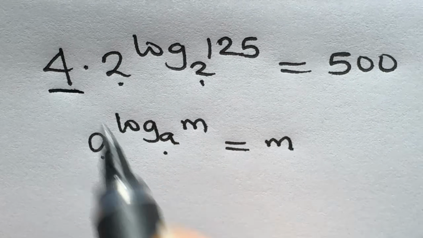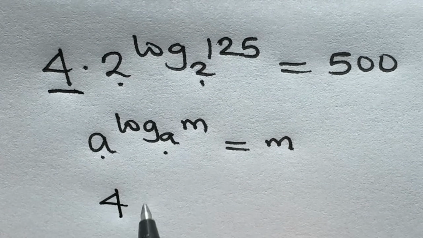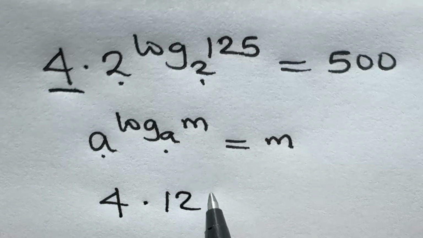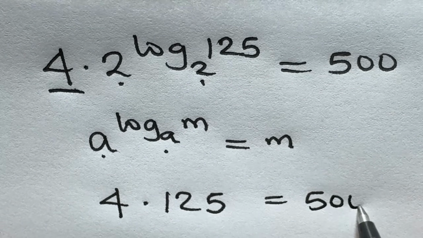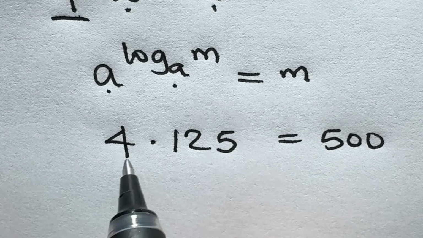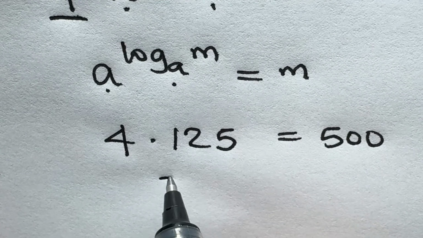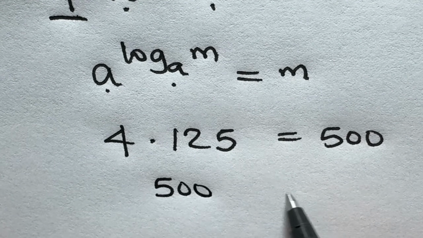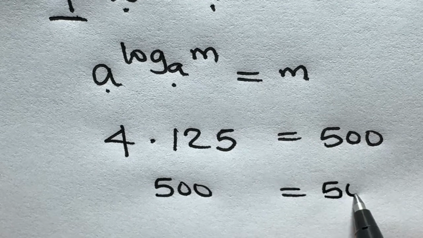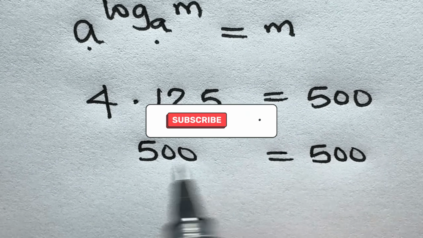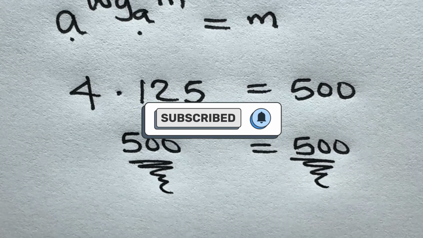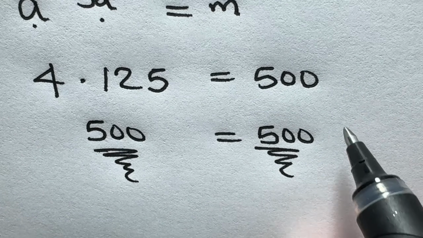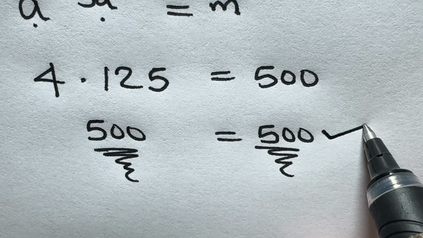So we're going to have 4 times 125 to give us 500. 4 times 125 is 500. So we have 500 is equal to 500. Since the left-hand side balances the right-hand side, that automatically confirms that the solution we got for x is perfectly correct.